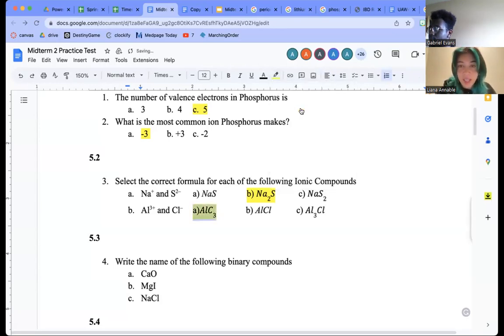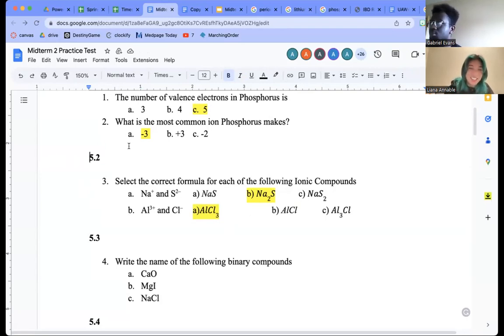And again, we can see this is the same thing where you can flip the charges. Oops, the Al. You're very right. That was my bad. Yeah, so for Al3, you're going to need 3 chlorines to neutralize that 3+ charge.